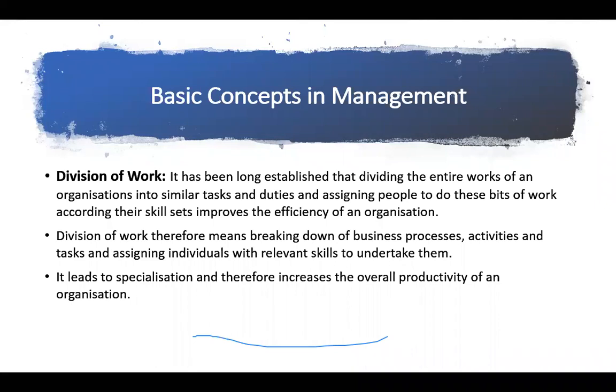Remember the fourth module, after organization, we talked about the functional areas of business. Functional areas of business come under these basic concepts. But what are you doing under functional areas of business? You are identifying related activities, related tasks, related jobs.